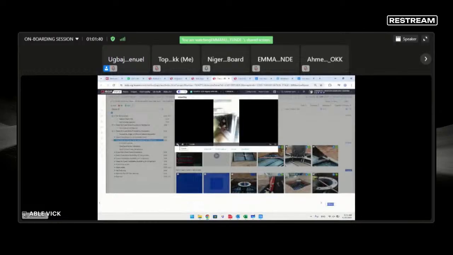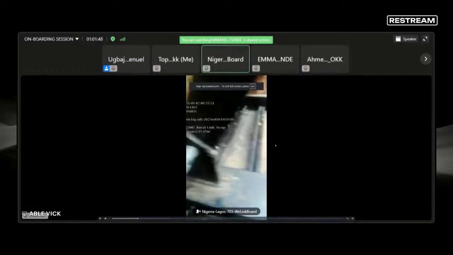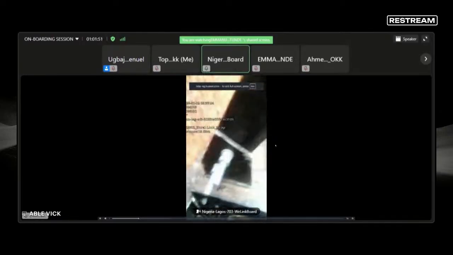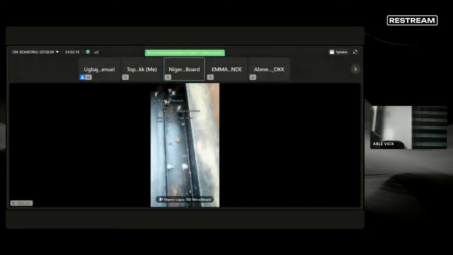So this is how your tower base is going to look like, basically. You can just watch. Analyze it before the GSC reviews it.